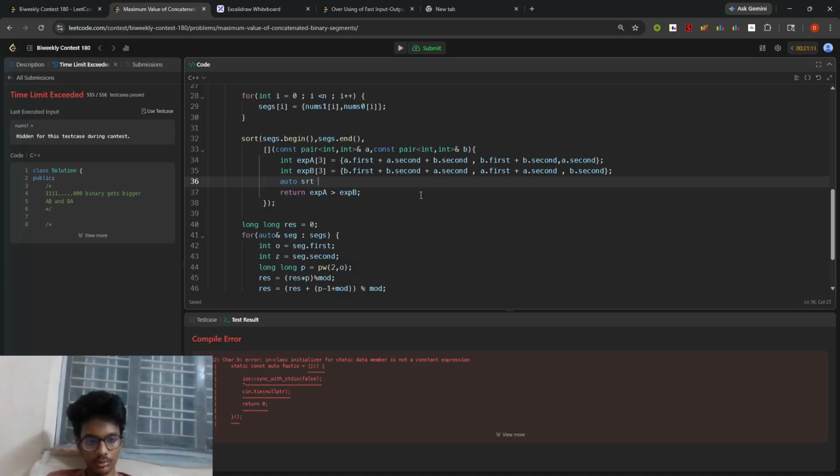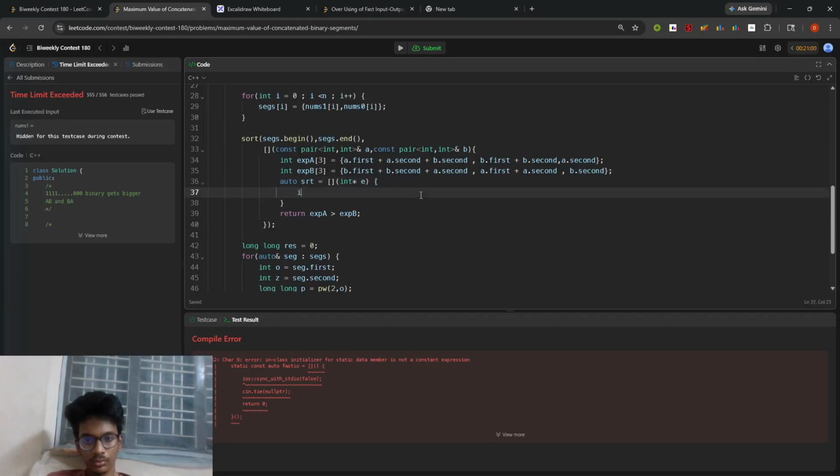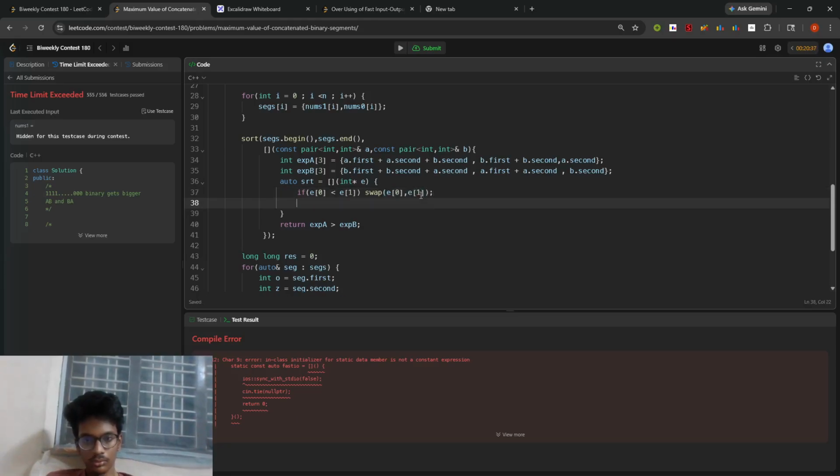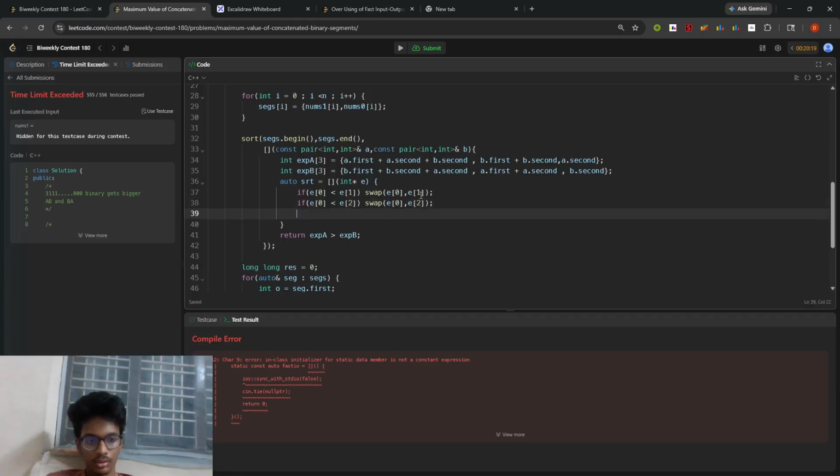Let's call it the sort function. It would take some pointer. We just have 20 minutes left.